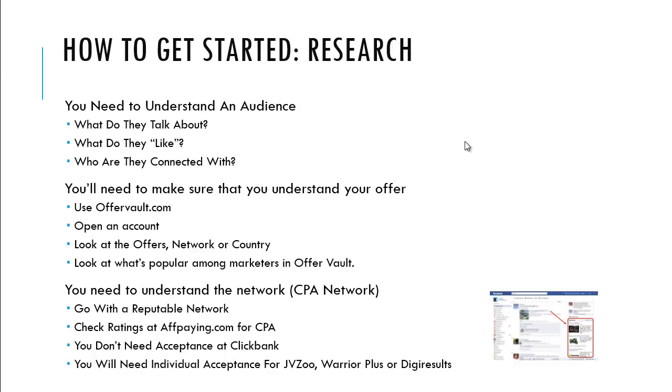Figure out if that network is reputable, and if people are getting paid from the offers at that network, because you want to know that before you start promoting an offer and build up lots of commissions, and then find out that the CPA network's not going to pay you, or that the offer typically doesn't pay on this particular network. You need to know that up front, before you pick a network, before you pick an offer, and before you set things up and start marketing that offer.